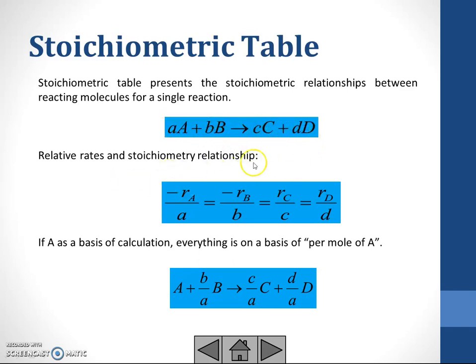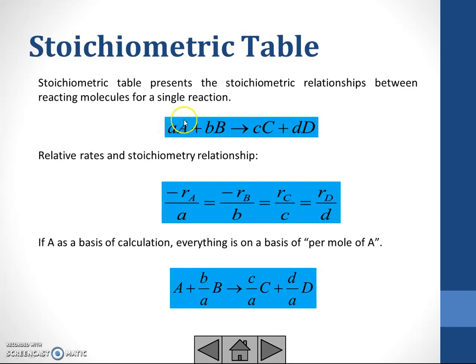Okay, so we have done this before. Relative rates and stoichiometric relationship. So this is the relative rates, and there's nothing new in here. If A is the basis of calculation, everything is on a basis of per mole of A. So if A is your basis of calculation, you are assuming A is your limiting reactant.